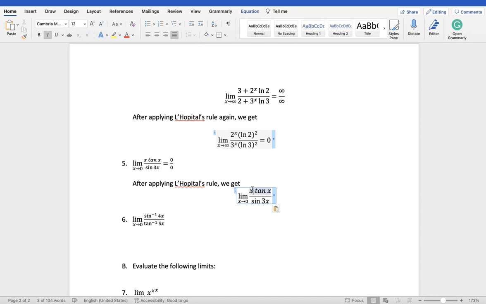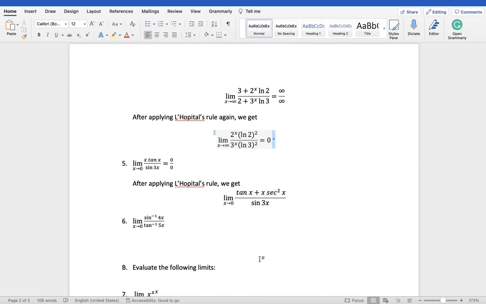You said tan x plus secant squared of x, like this. I'm hoping. Do you guys agree? Yeah. Okay.